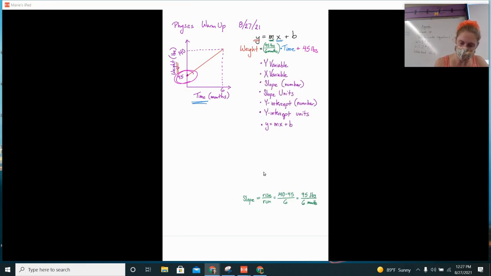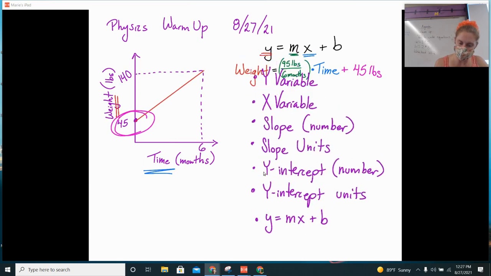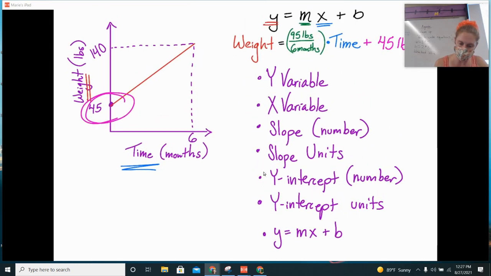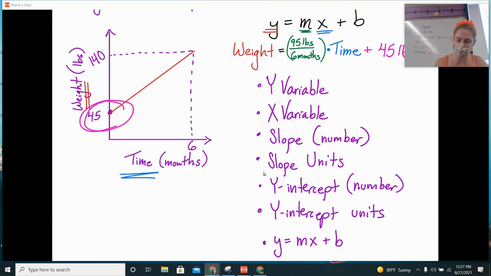These are the 7 things that I want to make sure are on your how-to. Y variable, x variable. How do you know which one it is? How do you find the slope? How do you find the units for the slope? How do you find the y-intercept? How do you find the units for the y-intercept? And how do you know where to put stuff in the y equals mx plus b?